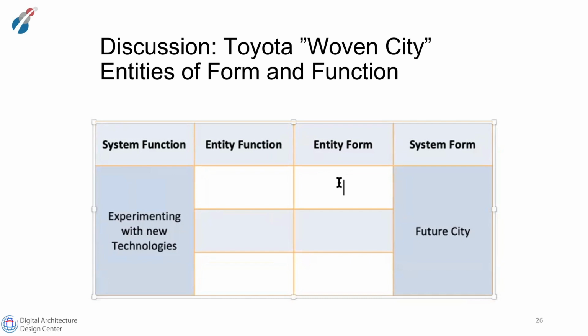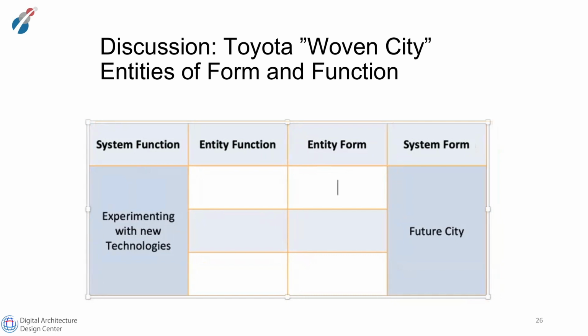And so how do we decompose the future city? Let's use the chat again. What are the elements of the future city? Standing by. Don't be shy. Here we go.